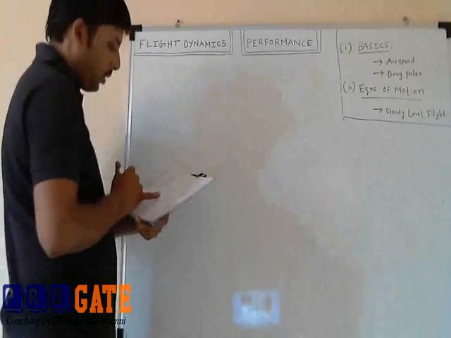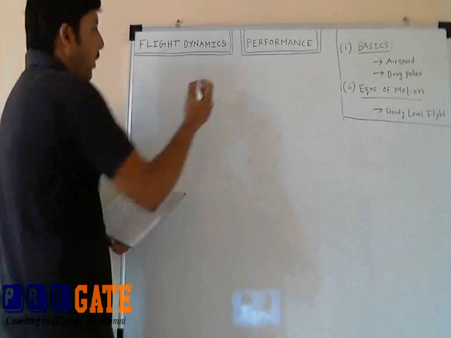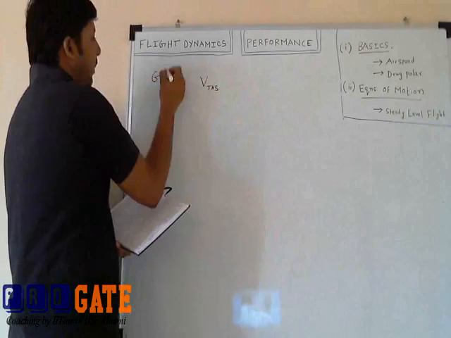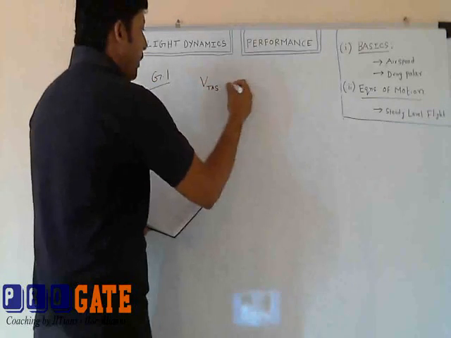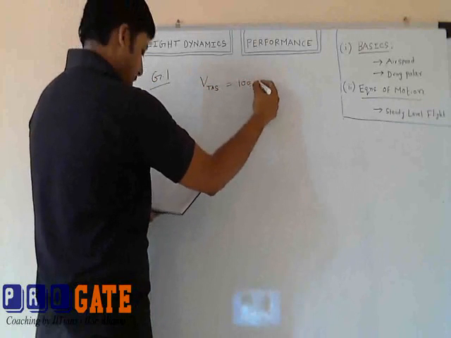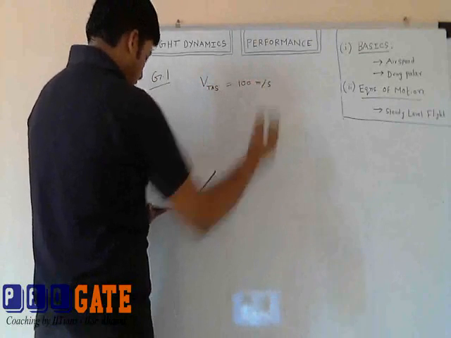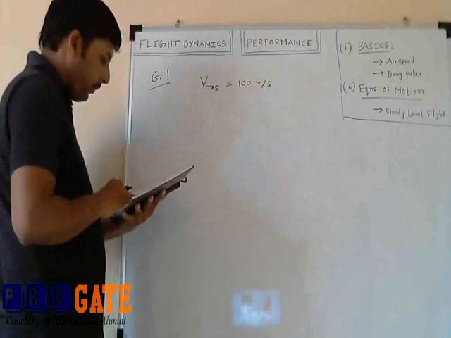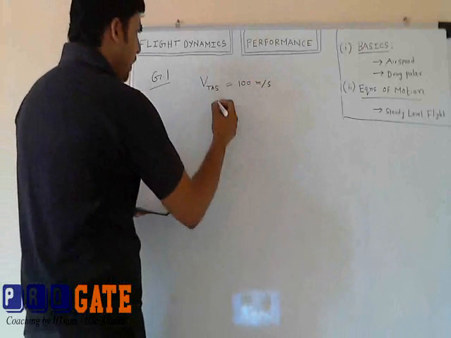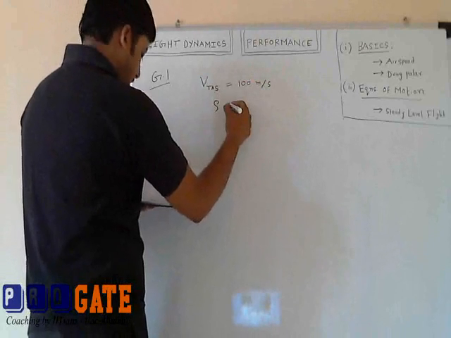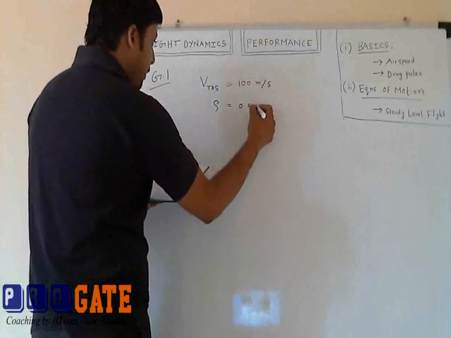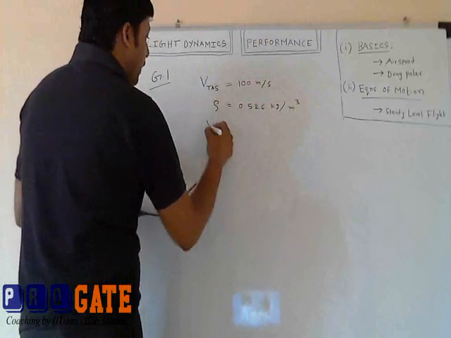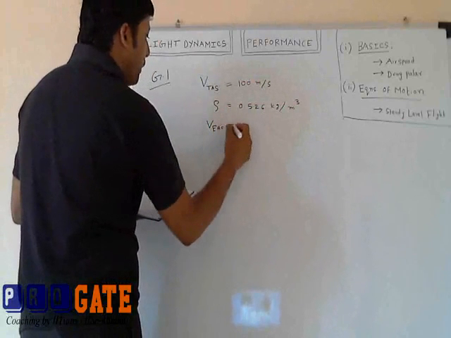So the aircraft is cruising at true airspeed, so V TAS is given as 100 meters per second under standard condition. Also they have given the density, that level is 0.526 kg per meter cube. So we need to find what is the equivalent airspeed.